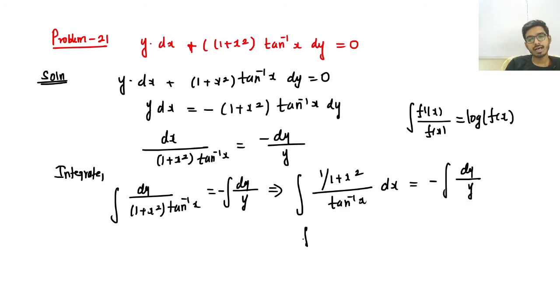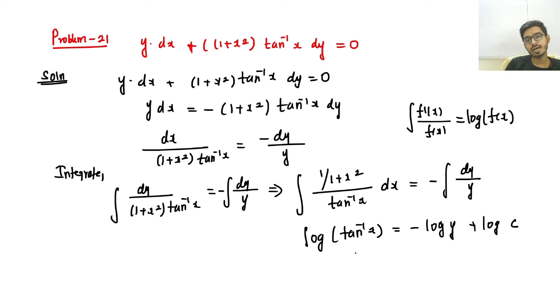Now if I integrate this, this is same as log of tan inverse of x. You can see, f of x is tan inverse of x, derivative of tan inverse of x is 1 by 1 plus x square. So it is in this form. So this is nothing but log of f of x, and this is equal to minus log y. Let us add some integration constant log c.